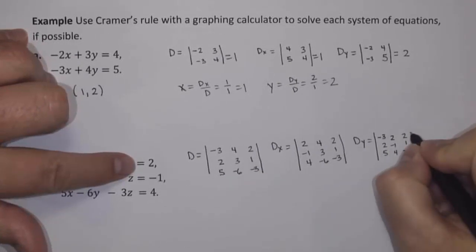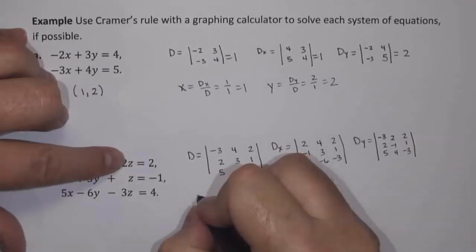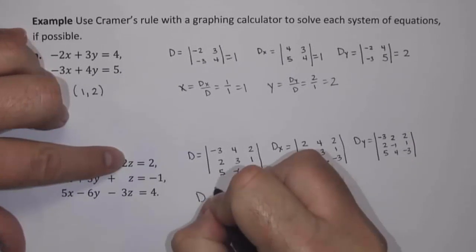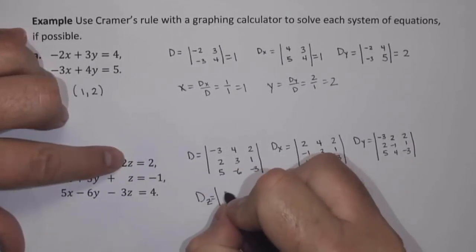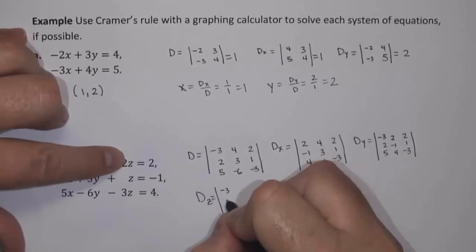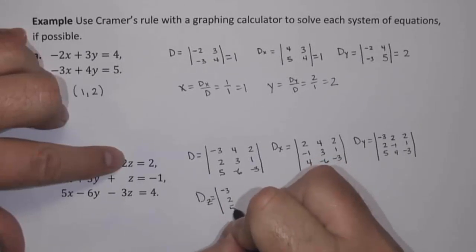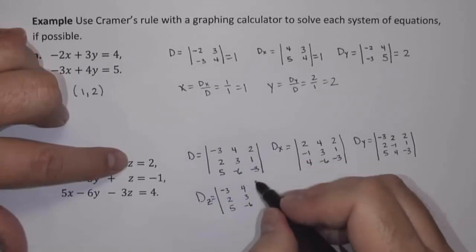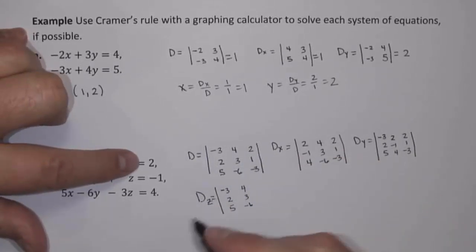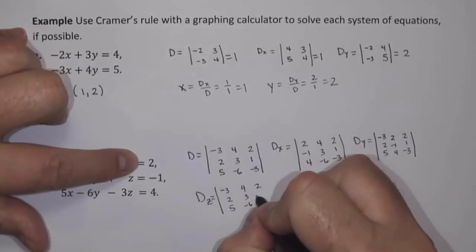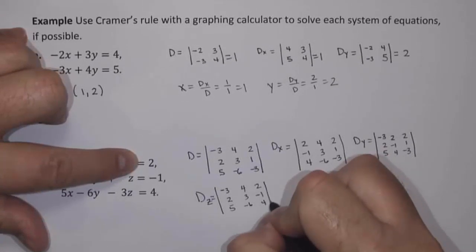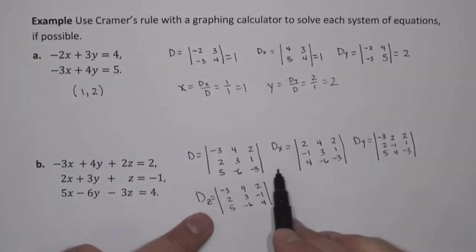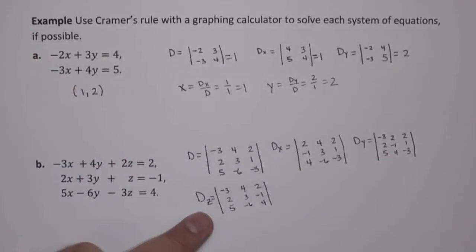So this would be dy. And dz, again, is going to be the d determinant, except the third column, the z column, is going to be replaced with the constants 2, negative 1, 4. So I can evaluate each of these using my calculator.